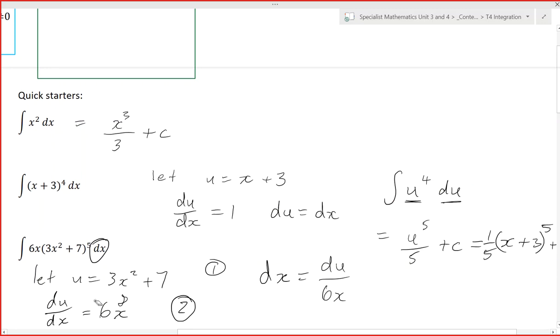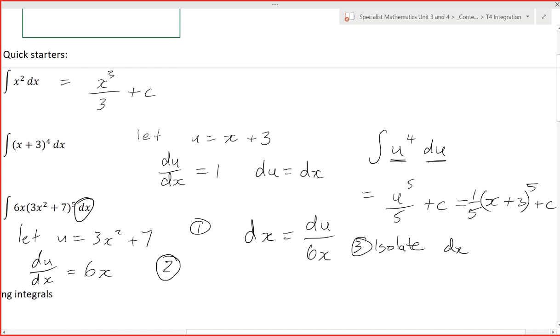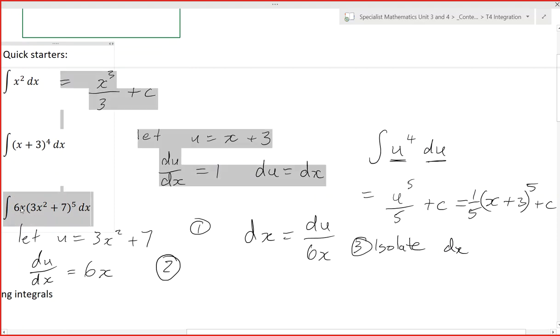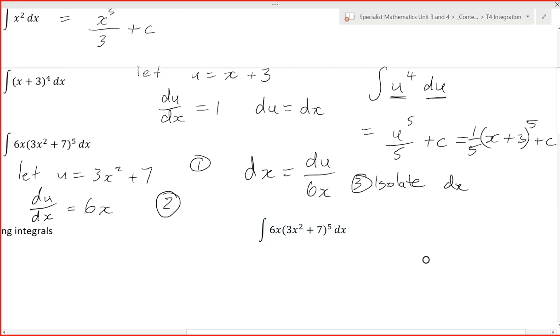So some of you may have gotten on to what's going to happen now. So isolate dx. So now when we substitute in, what's going to happen? Any ideas?